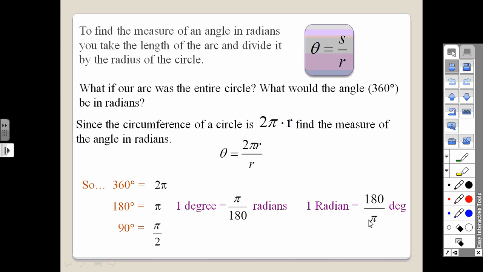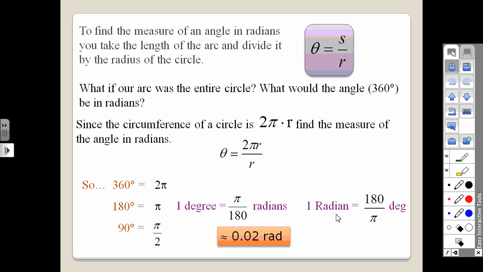Okay, so let's actually see, what is 1 degree equal to in radians as a decimal? You would take 3.14, divide by 180, and we get 0.02 radians. So 1 degree is what we're used to working with, but it's really small in relation to a radian, so it's only 0.02 radians.